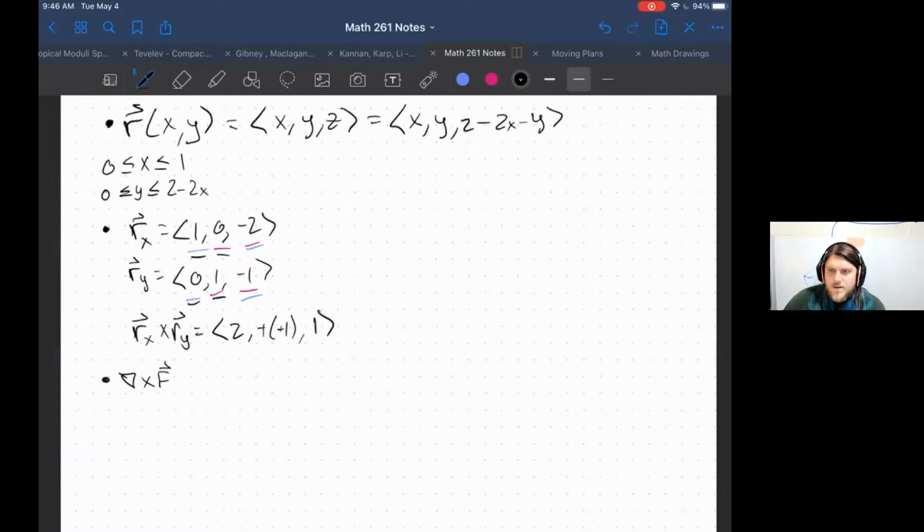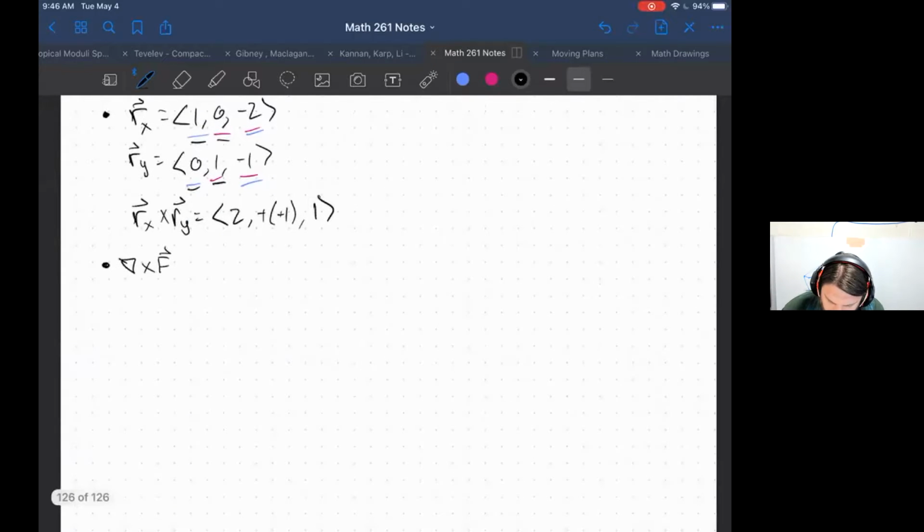And for the curl vector, I think we're going to slowly go through this one. So again, the idea is we have del x, del y, del z.